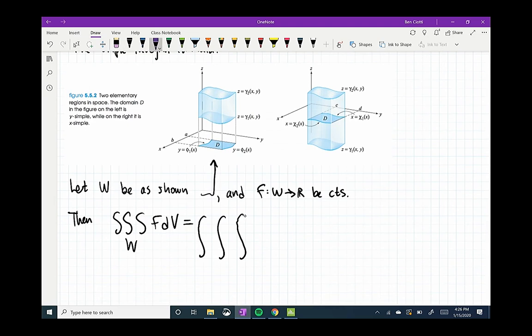So for the z integral, you fix a point x and y somewhere in the domain. z is going to start on one function and go up to the other function. It's going to start at gamma 1 of xy and go all the way up to gamma 2 of xy.